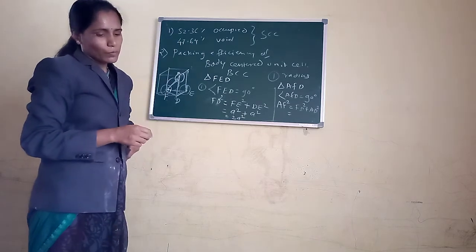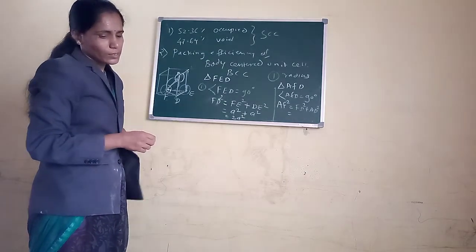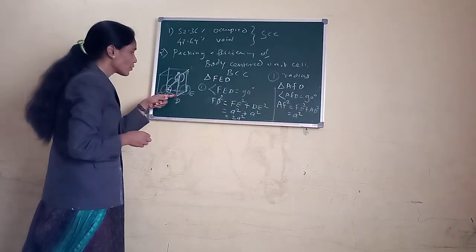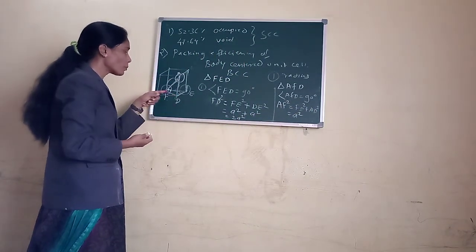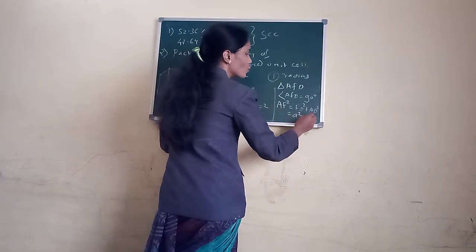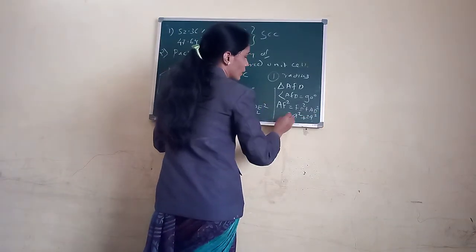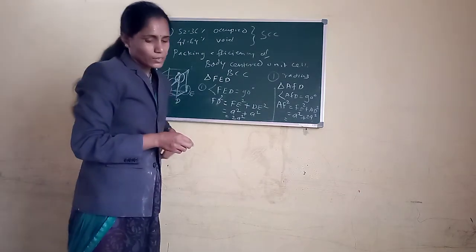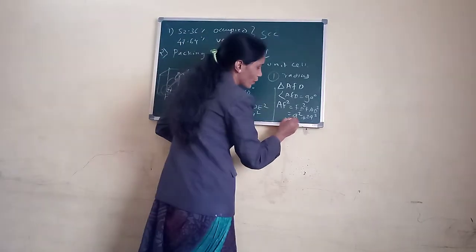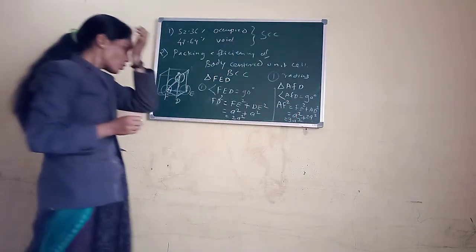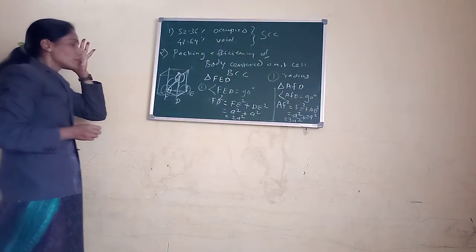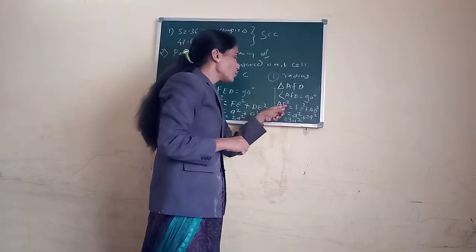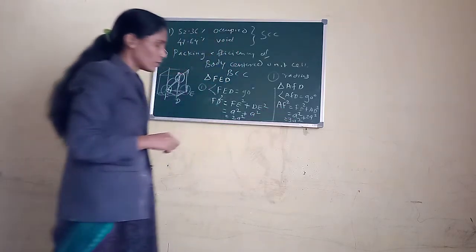FD square means A square, and AD square is twice FD square, means plus twice A square, that is AF square means thrice A square. Thrice A square means in a body centered unit cell the distance of AF is thrice A square.